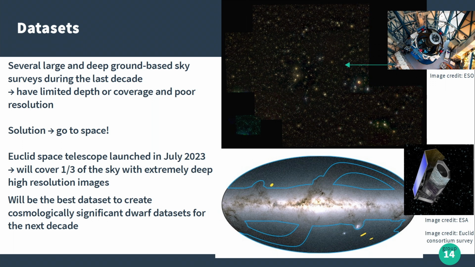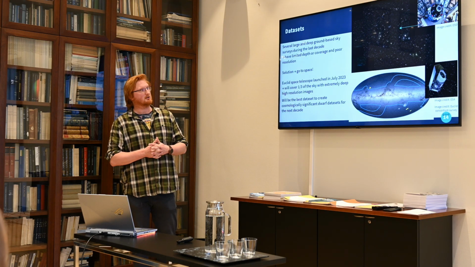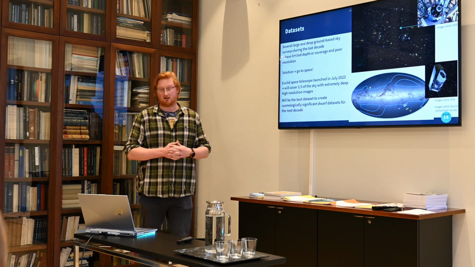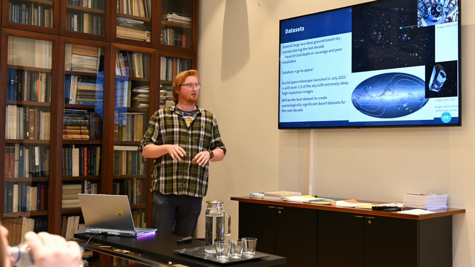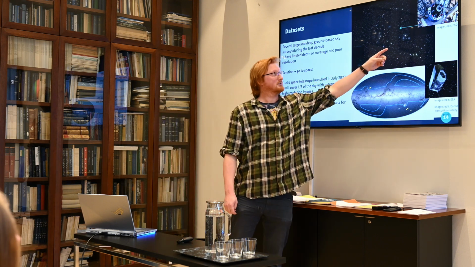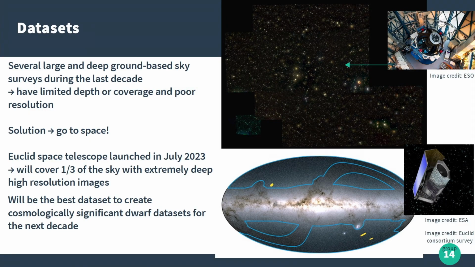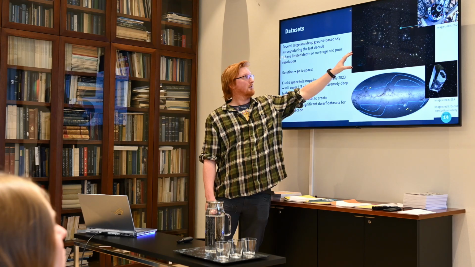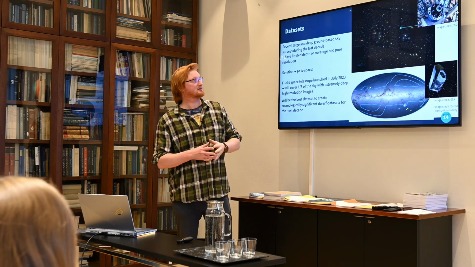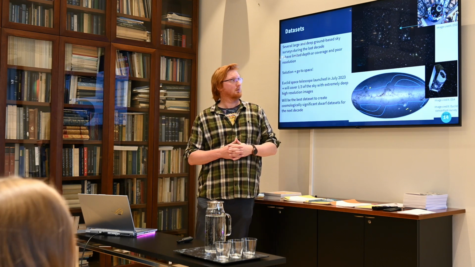During the last decade, there has been quite significant progress in ground-based observations, which are still the majority of astronomical observations. I'm showing one of the instruments here. I've been using the VST instrument at ESO in Chile, which we used to generate a very deep survey of one of the most nearby galaxy clusters, Fornax, and we analyzed the dwarf galaxy population there.